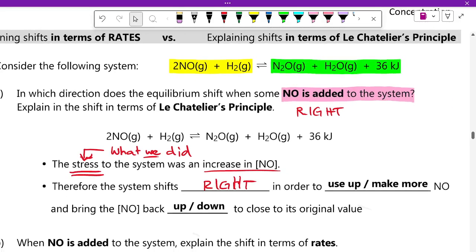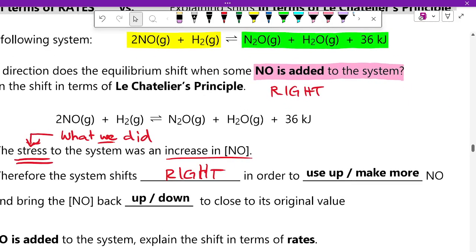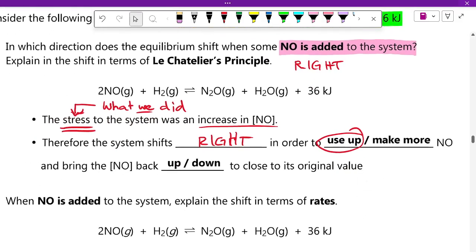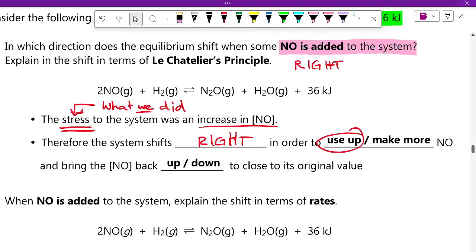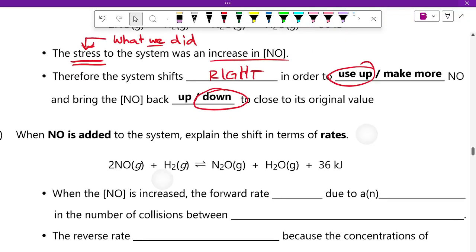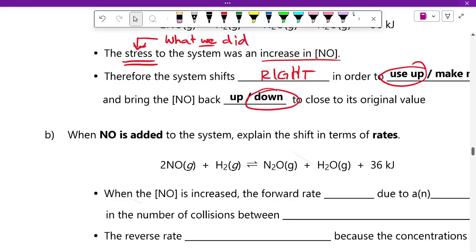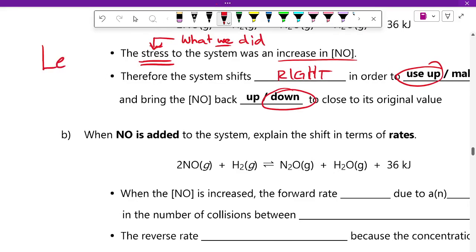Is it going to want to use up NO or make NO? Use up NO in order to bring the concentration of NO back down to close to its original value. So that is a Le Chatelier explanation. What did we do? What did the system do?